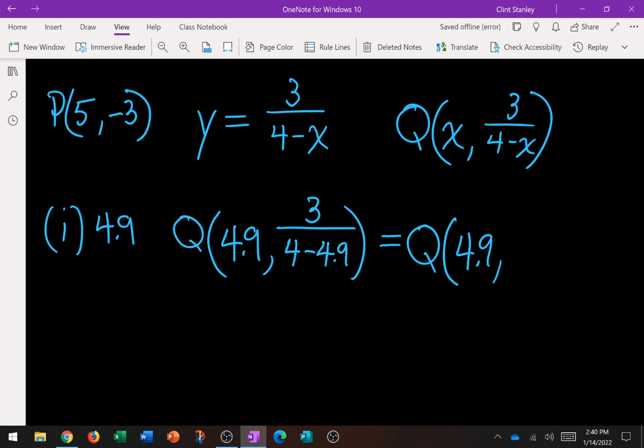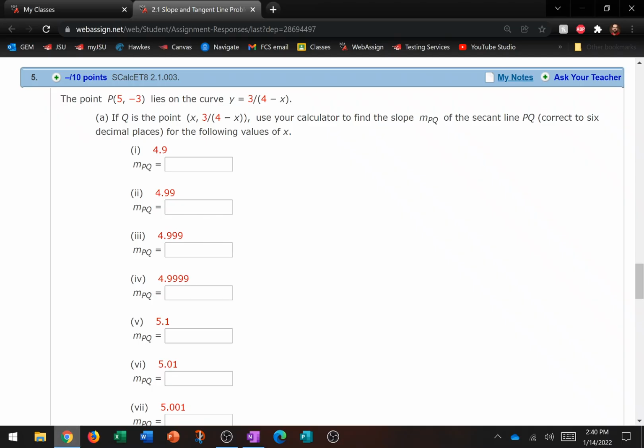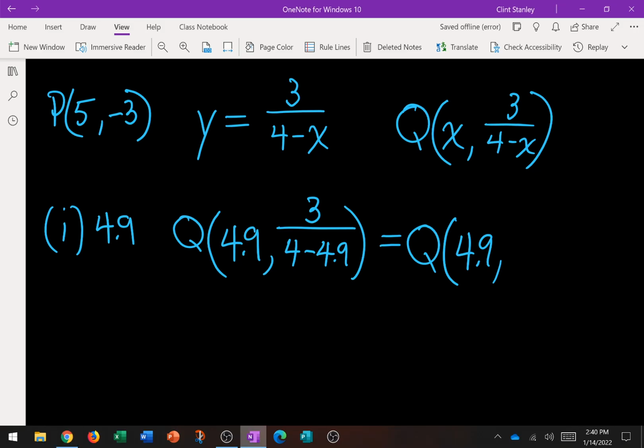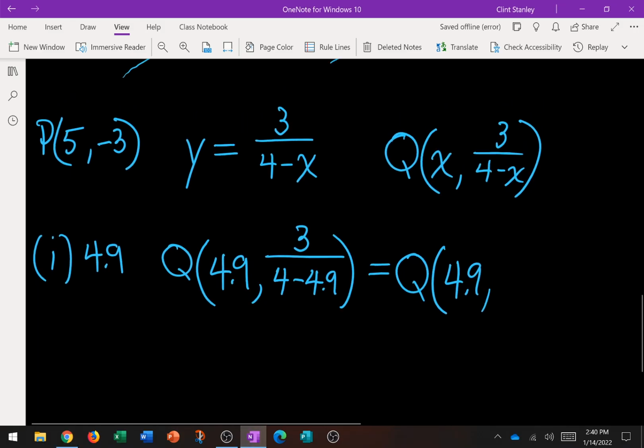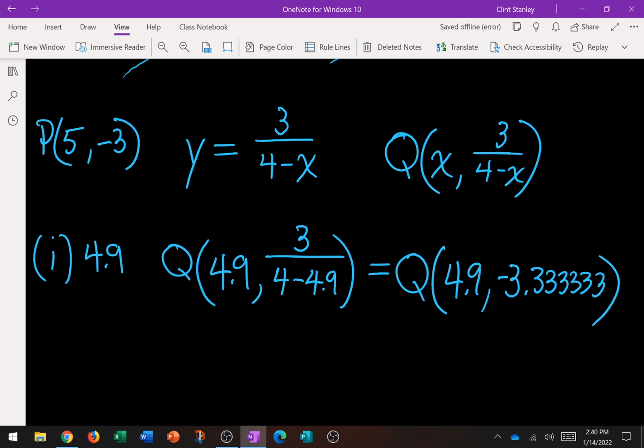And then did it tell us how many decimal places? 6 decimal places, so we're being pretty precise here. 6 decimal places, so yeah, I get negative 3.33. That's our point we're using.